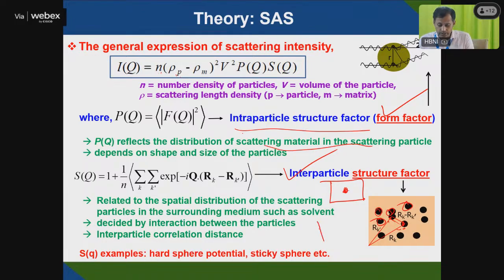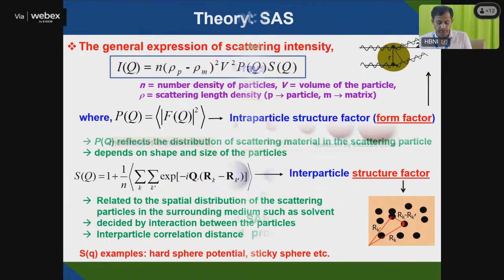So mainly two things contribute to the scattering intensity: one is P(Q), the intraparticle part, and one is S(Q), the interparticle interaction.